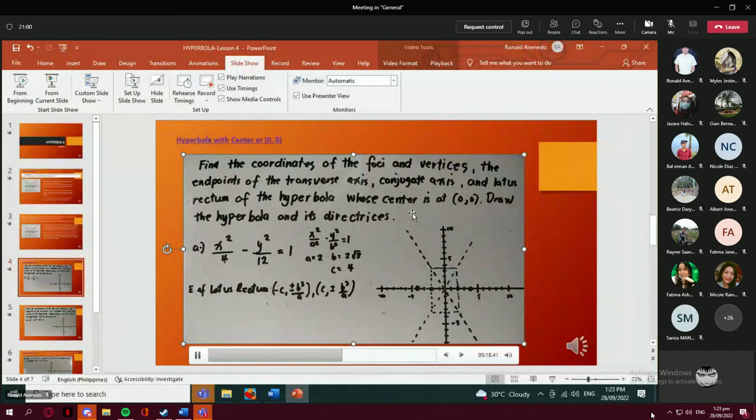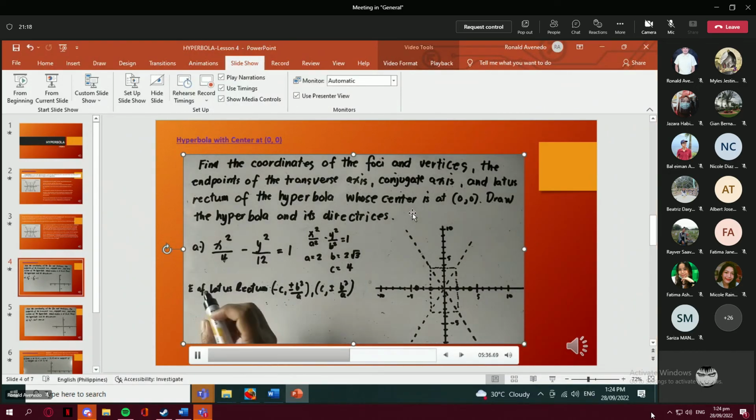For the endpoints of the latus rectum, the guide is negative c, positive negative b squared over a for one pair. Then the other pair is c, positive negative b squared over a. So b squared over a is 12 over a, which is 2.